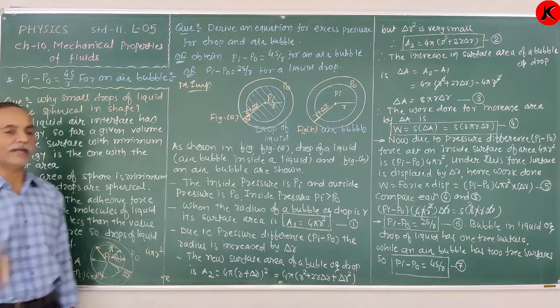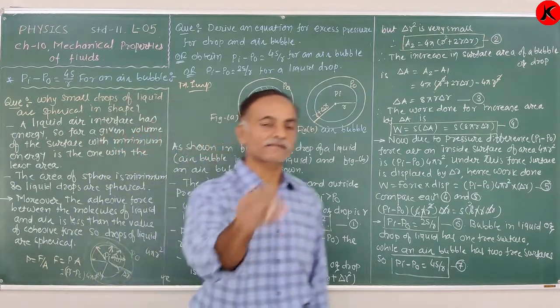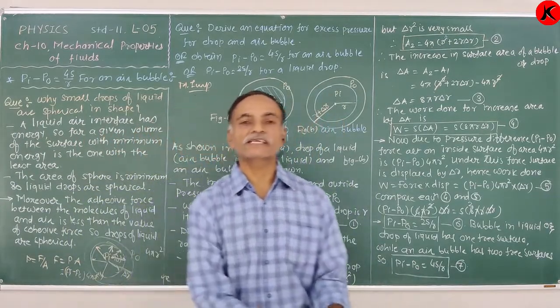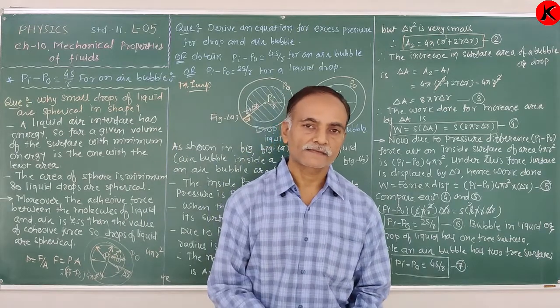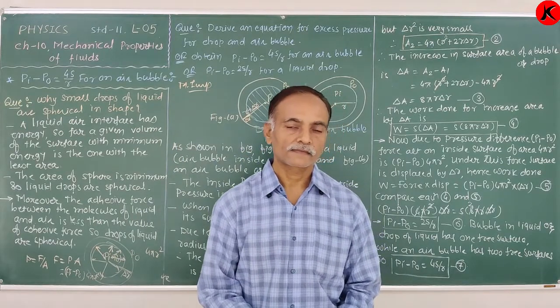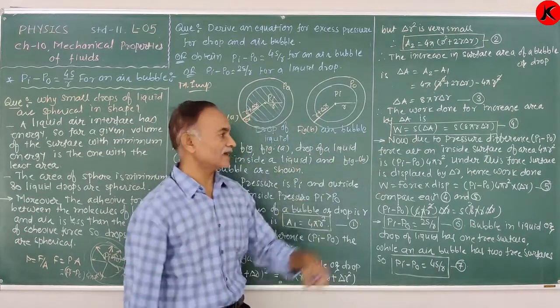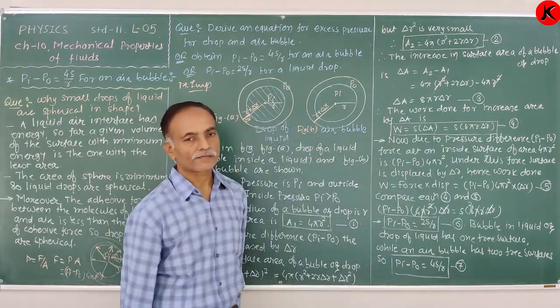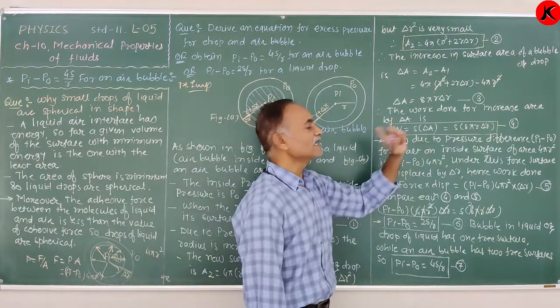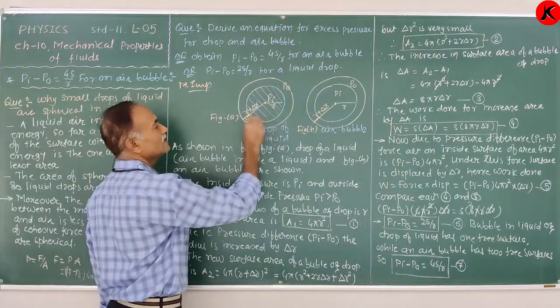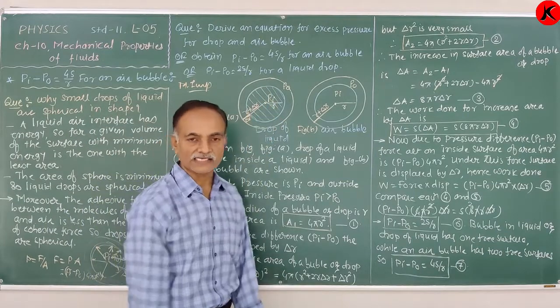That means we are going to obtain another equation of the work done from the force into displacement equation. Right? How do we obtain it? Now, due to the pressure difference Pi minus Po, the force acts on the inside surface of area. Initially the radius is r, therefore area is 4 pi r square.